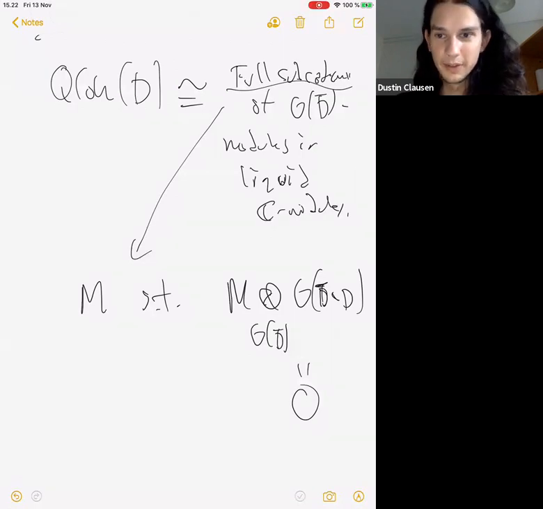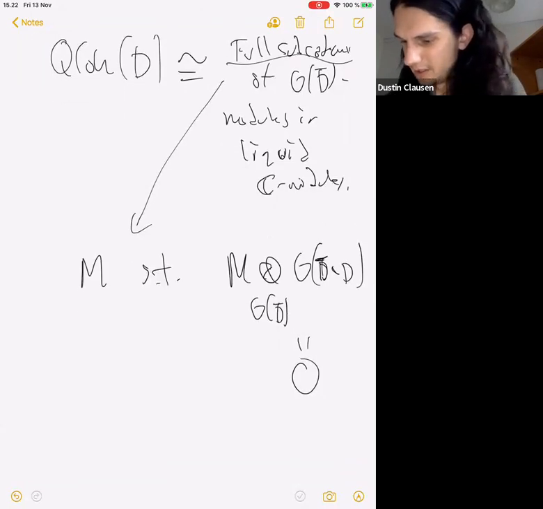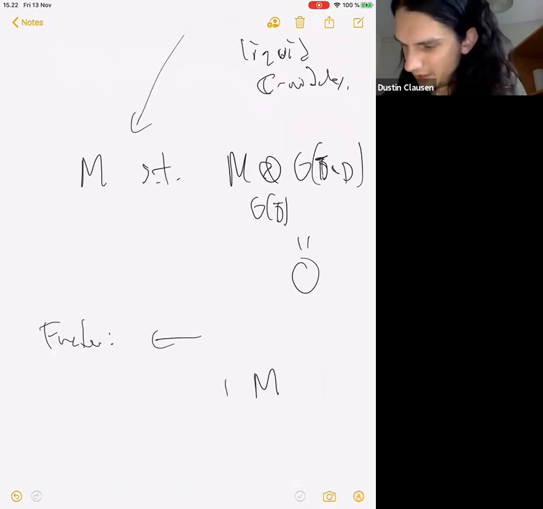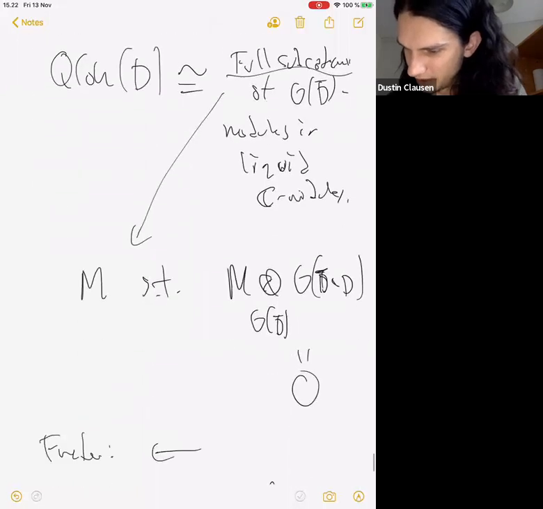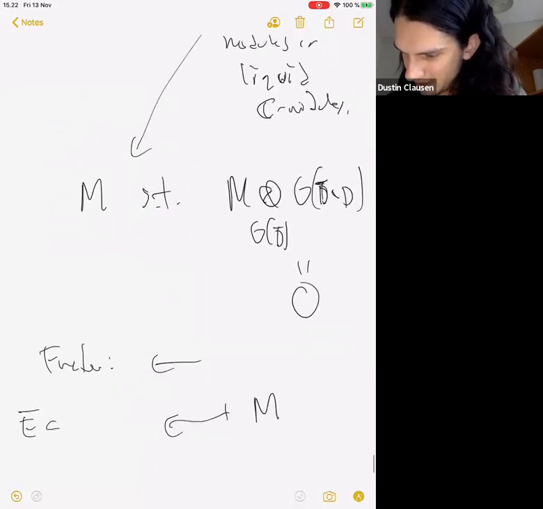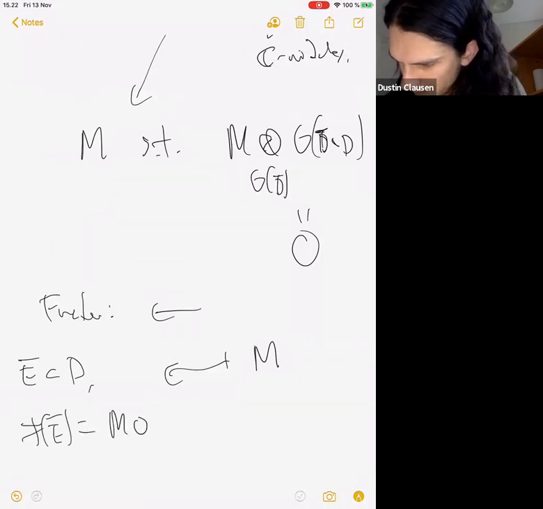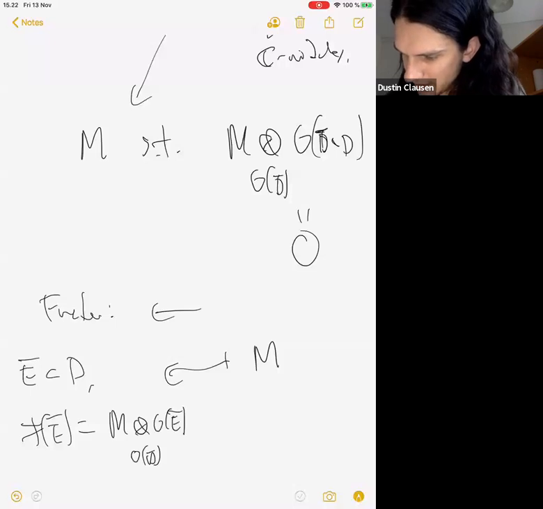So let me explain what the functors are in both directions. There's an obvious functor in this direction. It sends a module M, which doesn't have to satisfy this condition, in fact, to the sheaf described by, on any closed disk E subset D, taking M tensor over O of D hat with O of E hat.